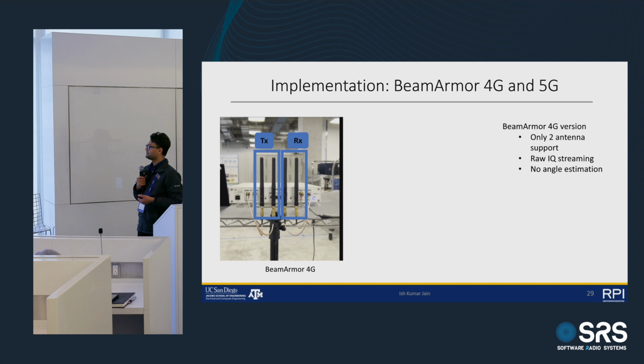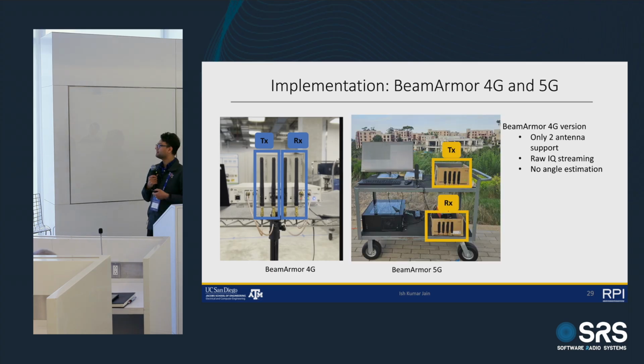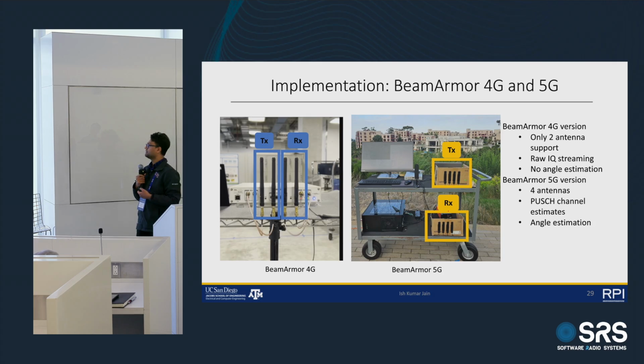So previously you have seen the 2 antenna setup with srsRAN 4G, and it was using raw IQ streaming without any sensing, doing very rough beam nulling. With 5G we have a 4 antenna transmitter and 4 antenna receiver, and we can do much more. Rather than just streaming raw IQ data, we have extracted the PUSCH channel estimates from DMRS.